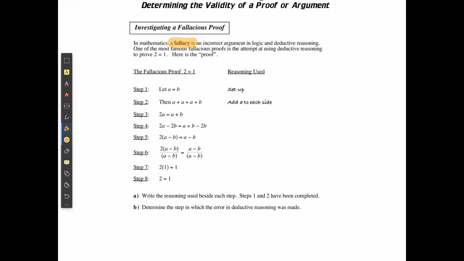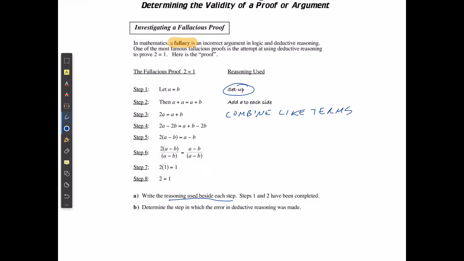So, first thing we're going to do is write down how they got to this process. First thing was the setup, A is equal to B. Then they added A to both sides. The next thing that they did was combine like terms, where they grouped the A's together on the left-hand side.